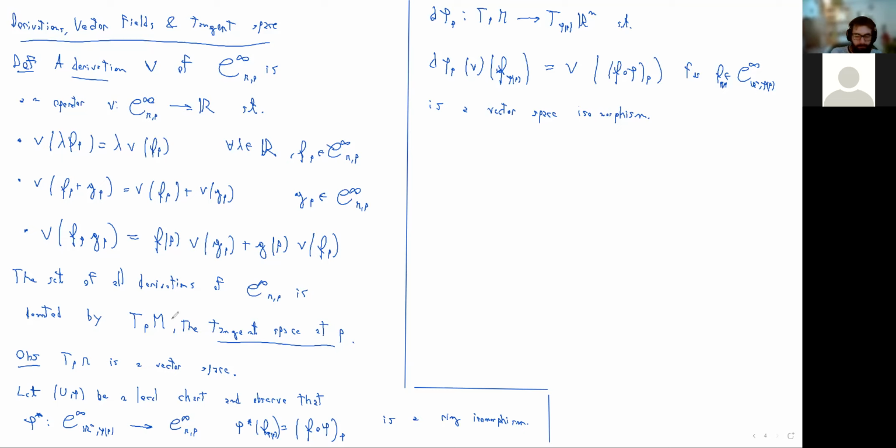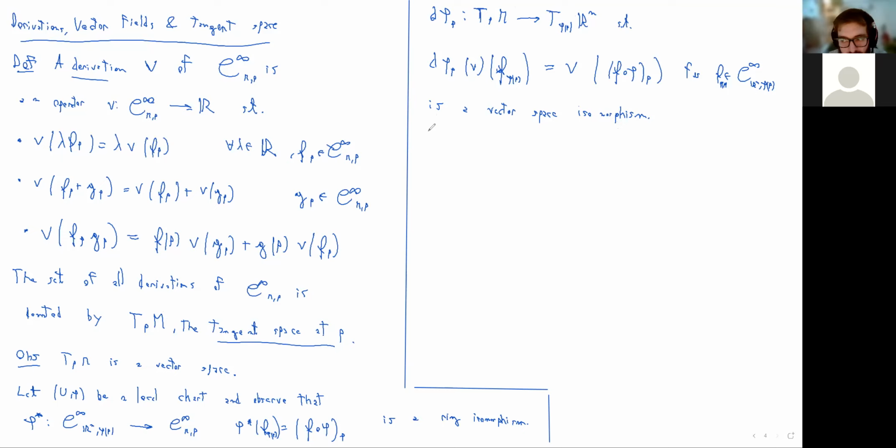So what were we doing all of this for? Well, the idea is that we want to study this T_pM. We know now it's a vector space, and we want to study it a bit. For instance, we want to find a basis for it. And this isomorphism is what is going to help us because we know how this thing works very well.